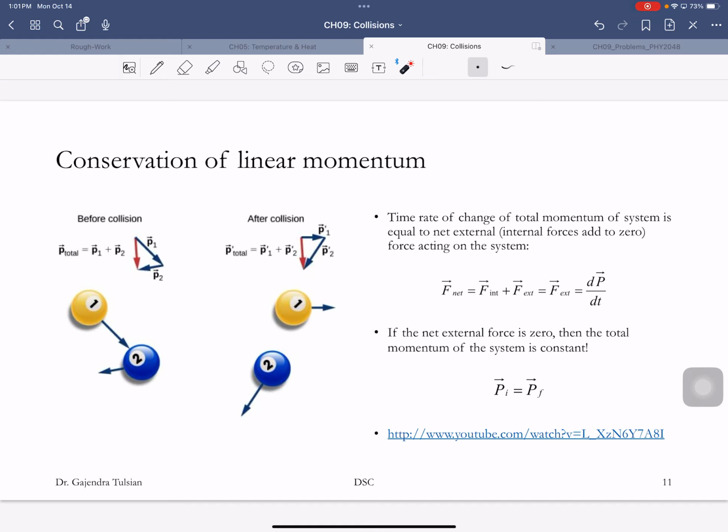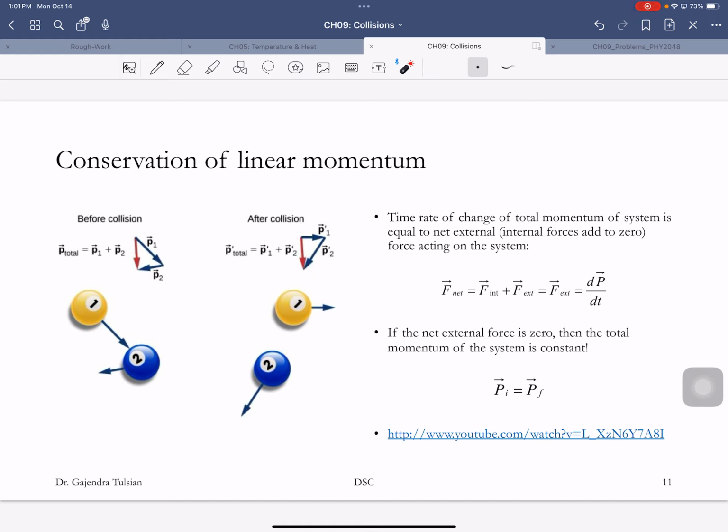All right, so conservation of linear momentum. Here, we already saw this diagram, two pool balls colliding. After the collision, this guy will deflect like that, and this guy will deflect like that, and that's what's shown here. What we are saying is the total momentum before the collision is equal to the total momentum after the collision.